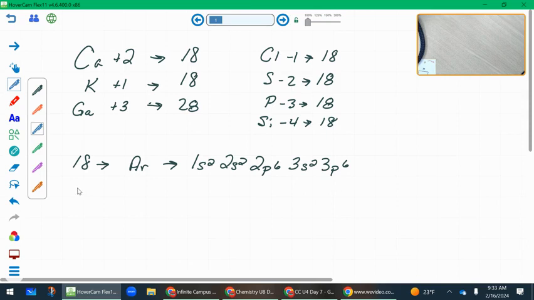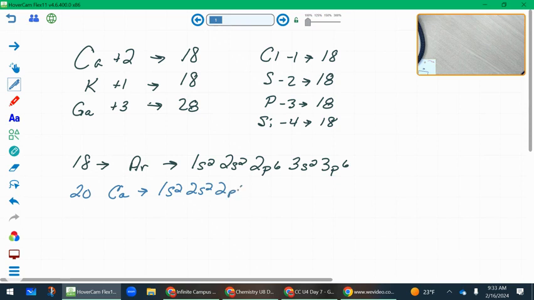So give me number 20, calcium. 1s2, 2s2, 2p6, 3s2, 3p6, 4s2. Okay, we're good there, correct?